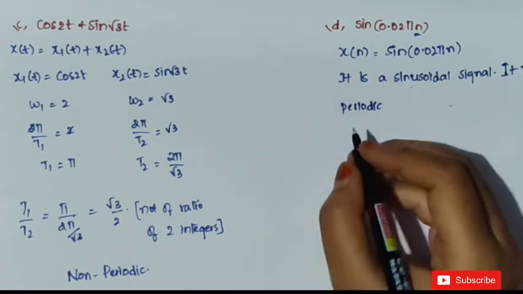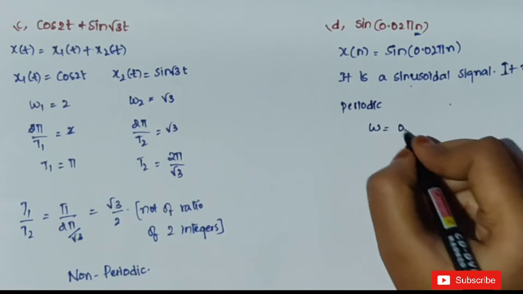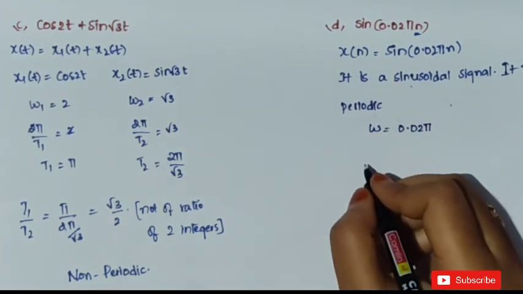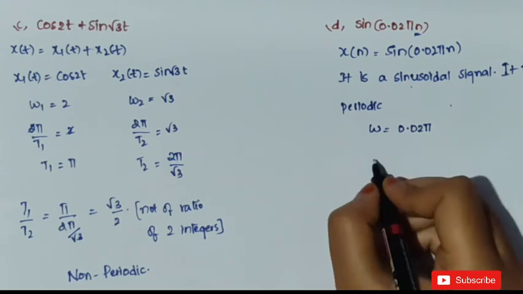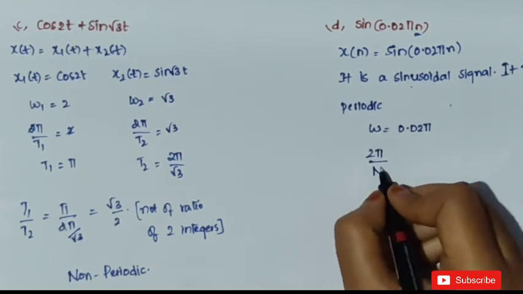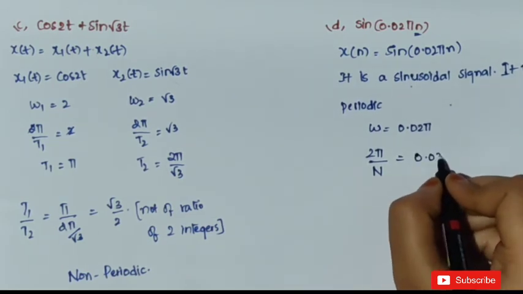Compare this signal with sine omega n. Then omega value is 0.02 pi. We know that omega is equal to 2 pi by N, which is equal to 0.02 pi.